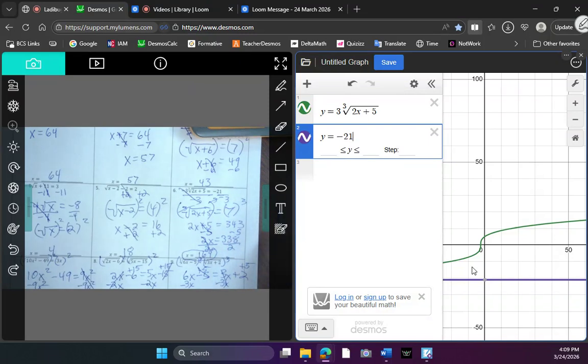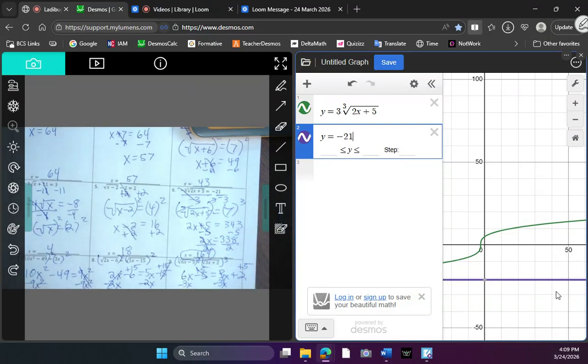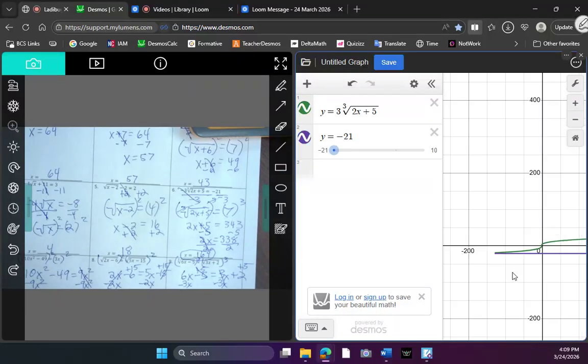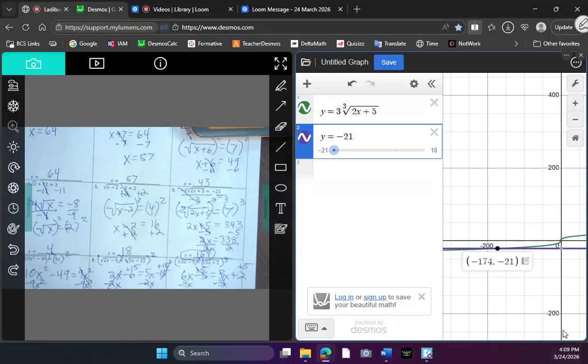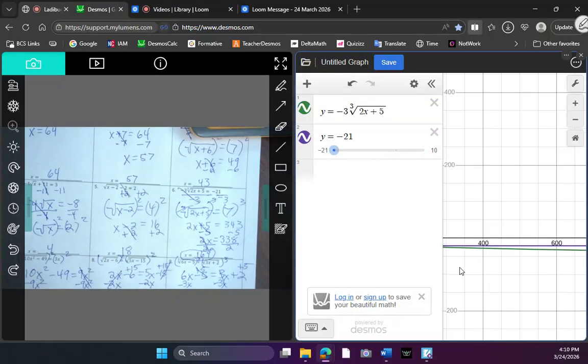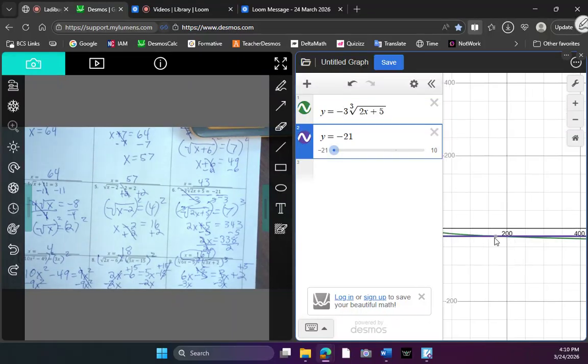Let's double check that real quick. Did I make a mistake there? That's -3. Yay, there we go. So see, sometimes you need to be careful and double check. And look right there. X is 169, exactly like we said.